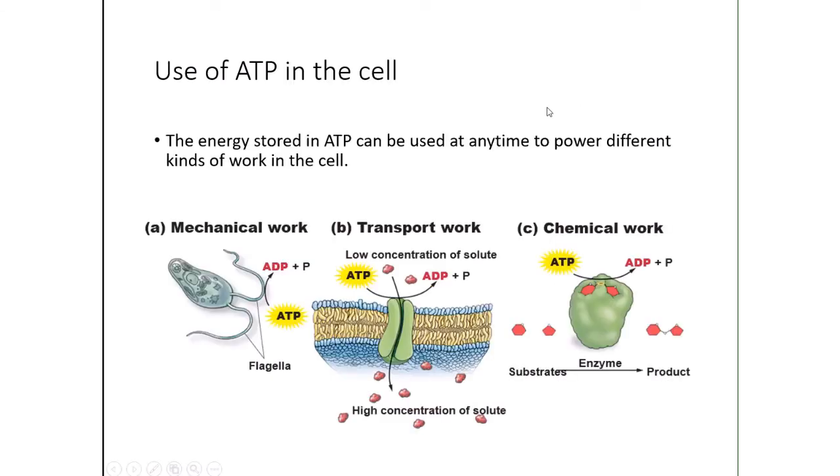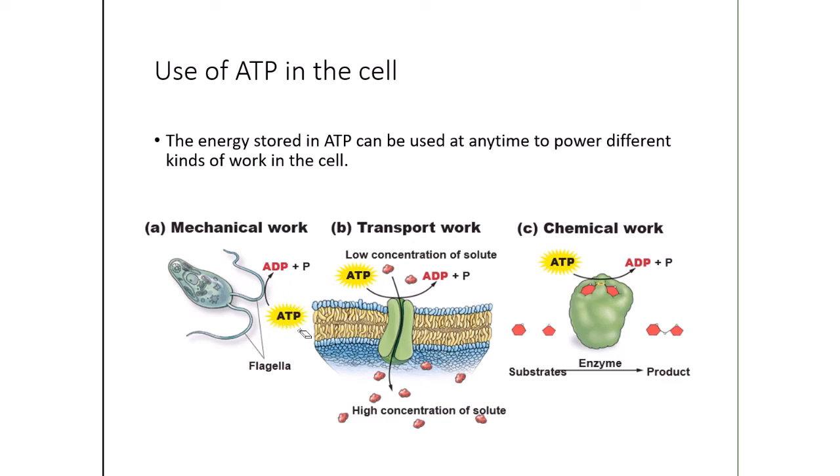In addition to anabolic reactions, we can actually use ATP to power all sorts of cellular activity. For example, we can use it to power mechanical work where you have to physically move some parts of the cell, right? So moving a flagellum, for example, moving a cilia, for example, that requires ATP.